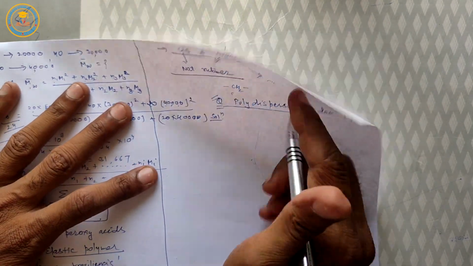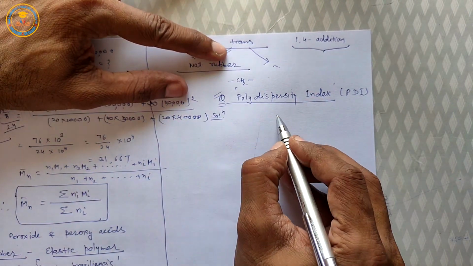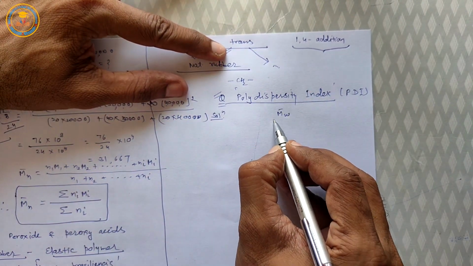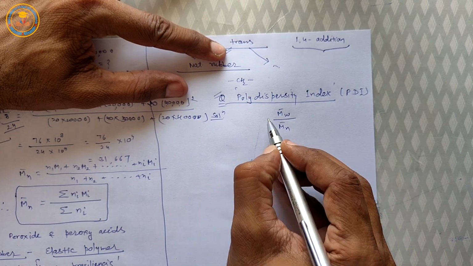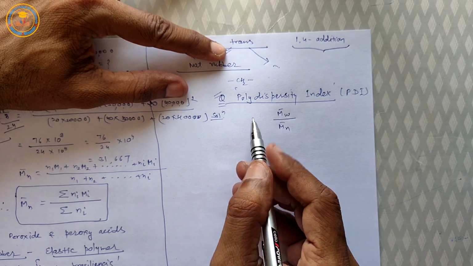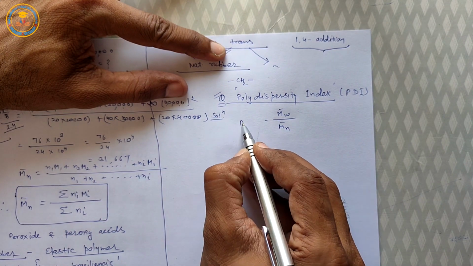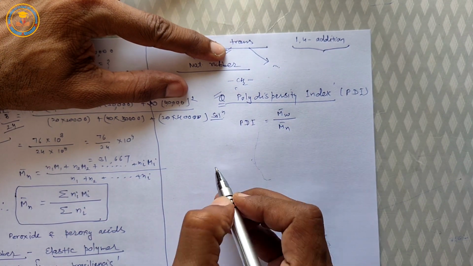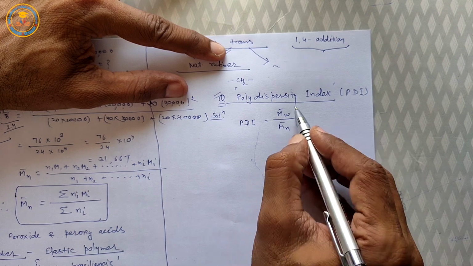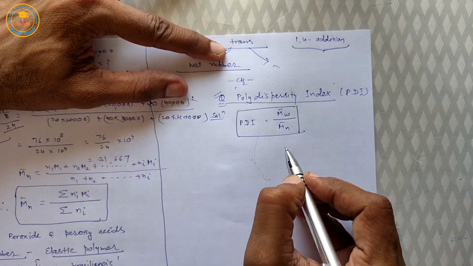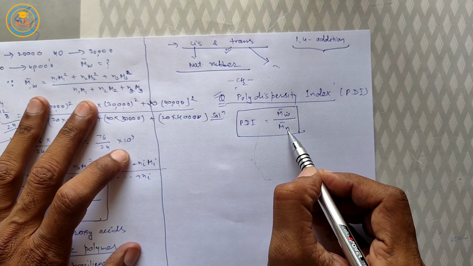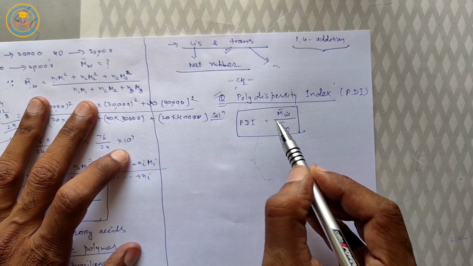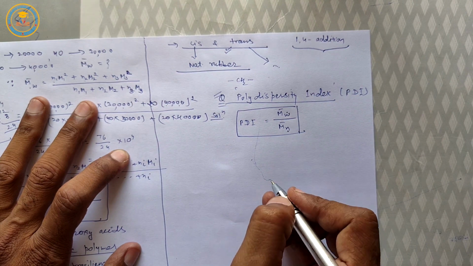The ratio of M bar W and M bar N of a polymer is called the polydispersity index. Very important. Remember it. I repeat, the ratio of M bar W and M bar N of a polymer is called PDI.